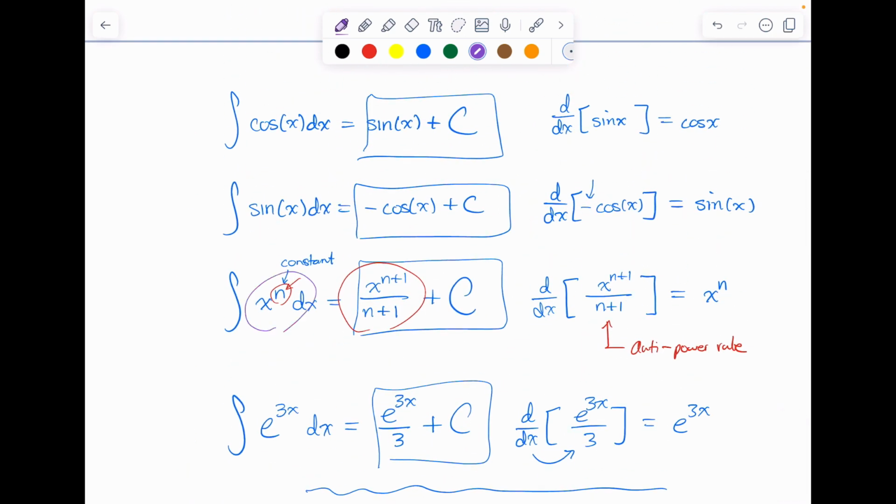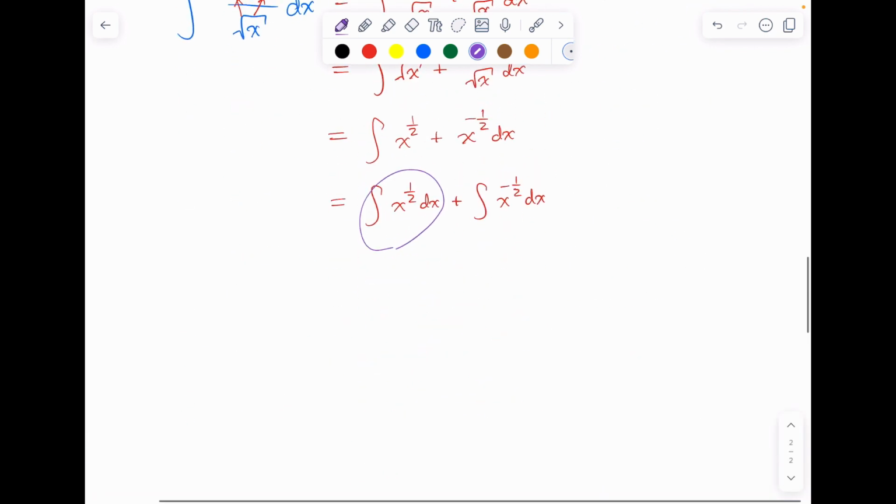If n is 1/2, then n plus 1 turns into 3/2, and so does the denominator. So we know what this integral becomes: x to the 3/2 over 3/2, all in the denominator here, plus some number c.